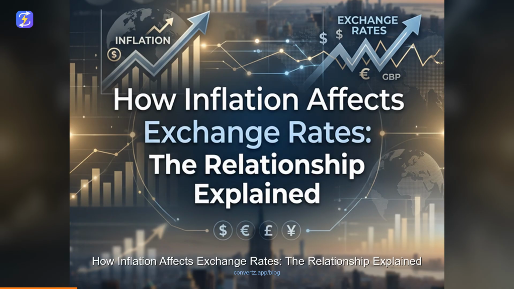The purchasing power parity, PPP, theory. Economists formalize this relationship through purchasing power parity. PPP states that exchange rates should adjust to equalize the price of identical goods across countries. If a basket of goods costs $100 in the US and the equivalent of 80 British pounds in the UK, the implied PPP exchange rate is 1.25 US dollars per British pound.